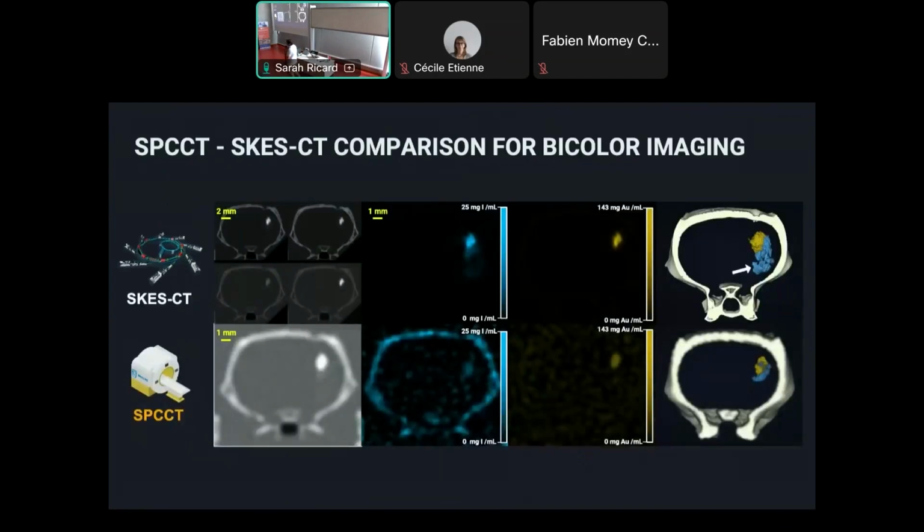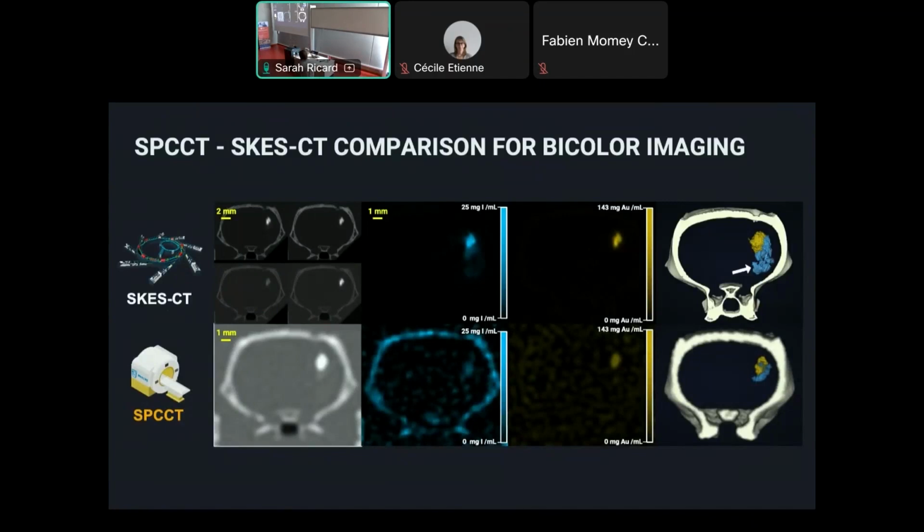But here are the images in vivo. The protocol was that we were able to image in vivo at the synchrotron, and 2 days after or 2 days before, we also obtained the image of the CT.